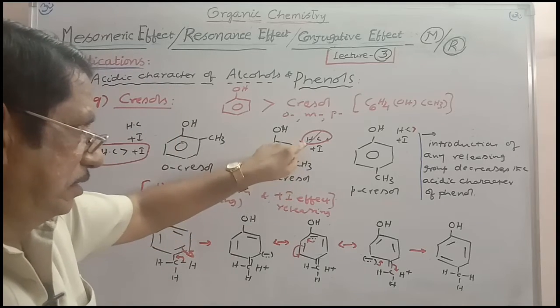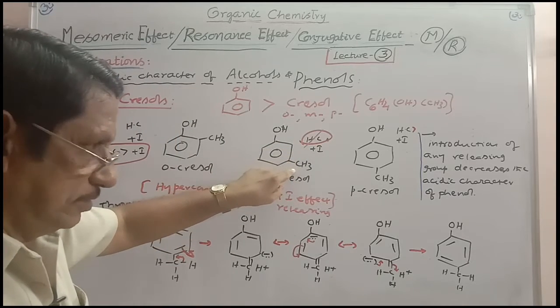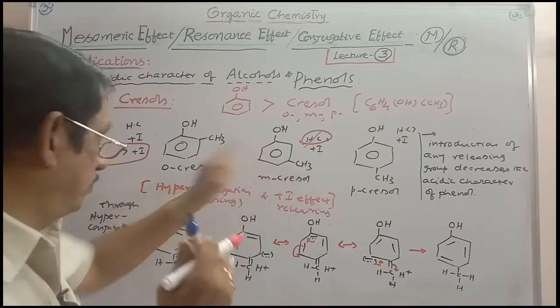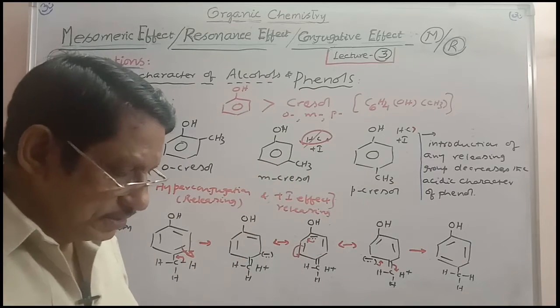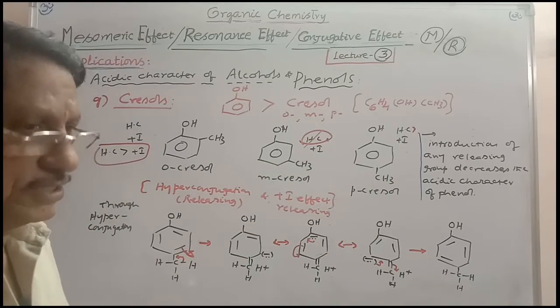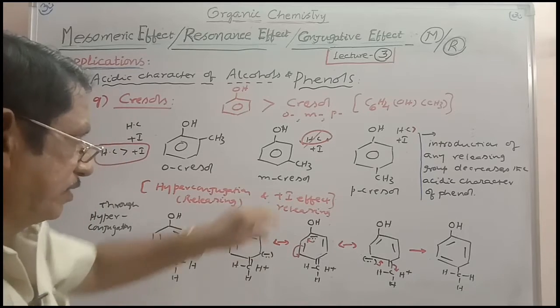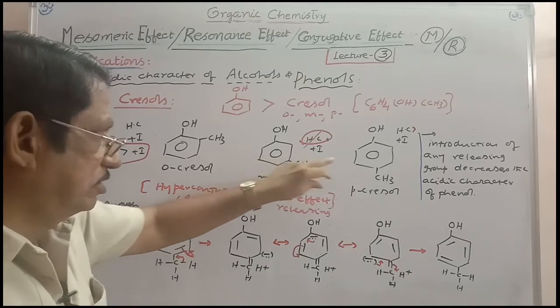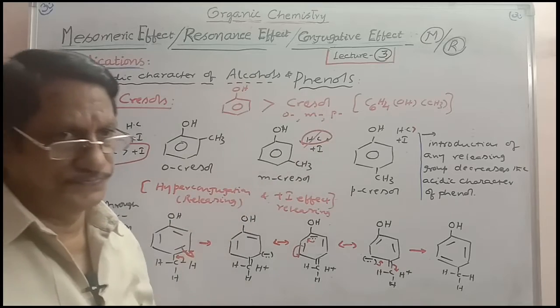And here in meta, the releasing effect is small when compared to these two. When the releasing effect is small, the acidic character will be increased. And that is why metacresol is more acidic than any of these two.